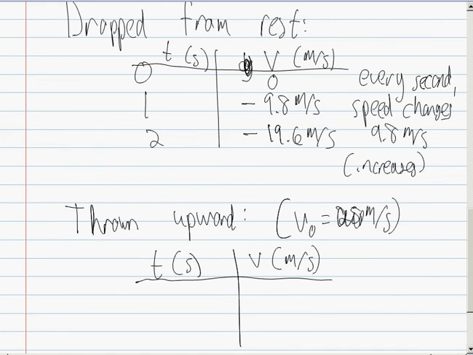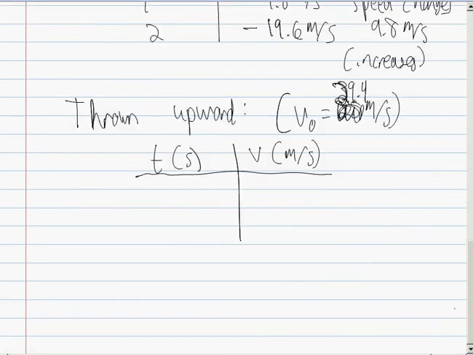Sorry, let's make this 29.4, just so we end up even. Now, at 0 seconds, we're at 29.4 meters per second, which is pretty fast. It's like 60 or 70 miles an hour. That's not small.